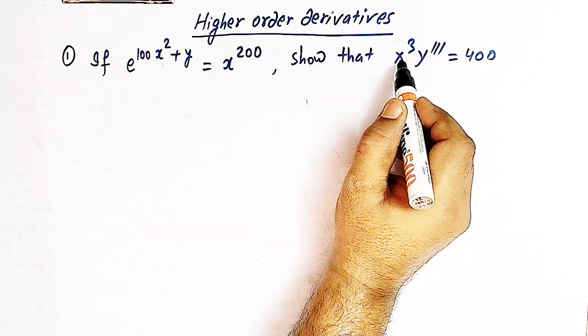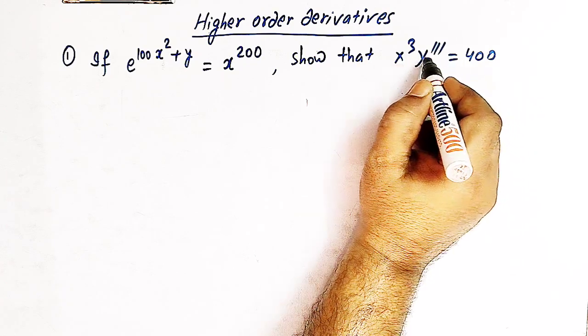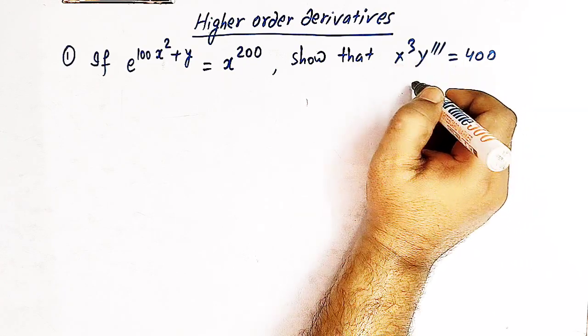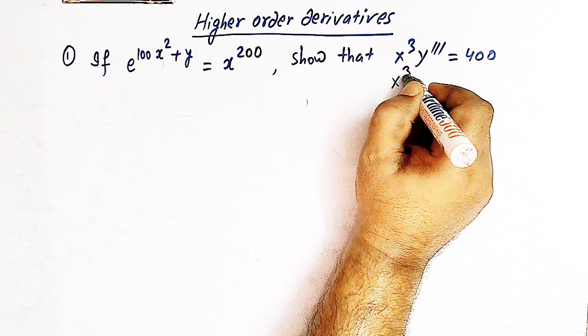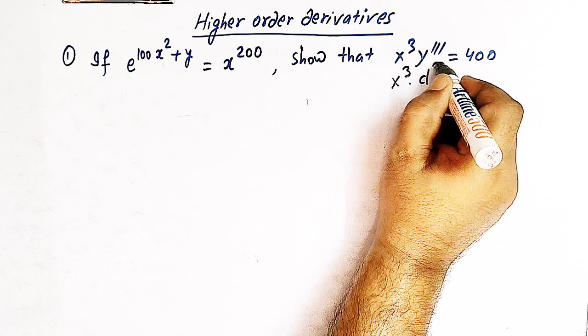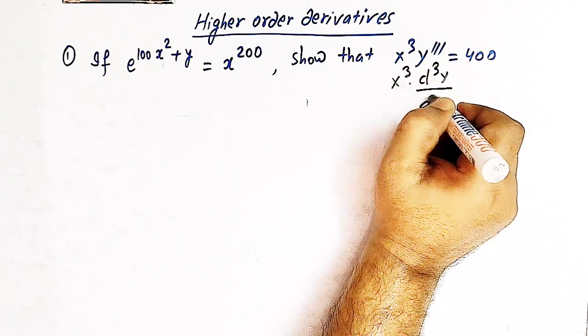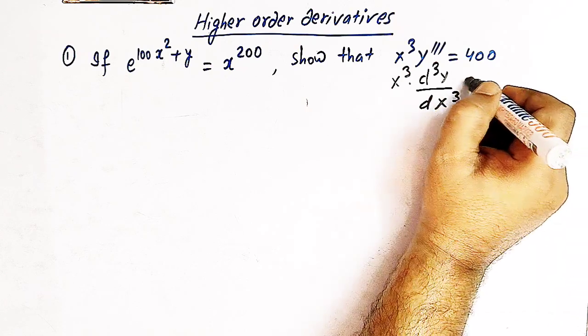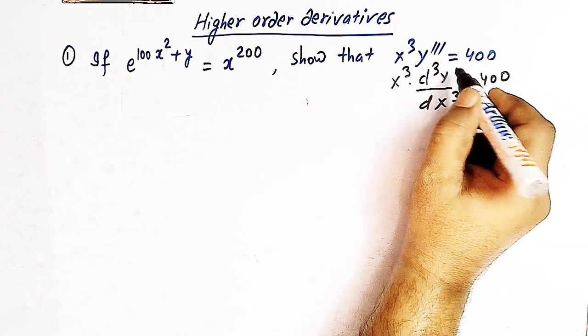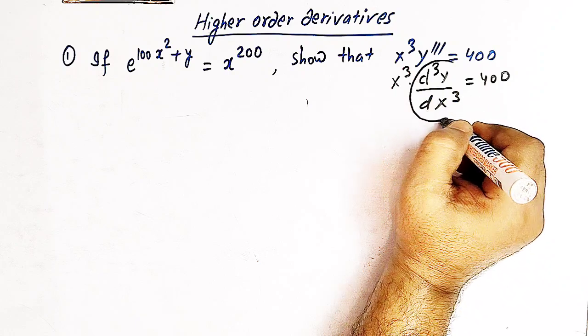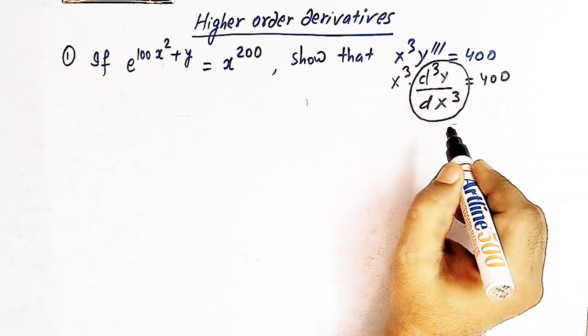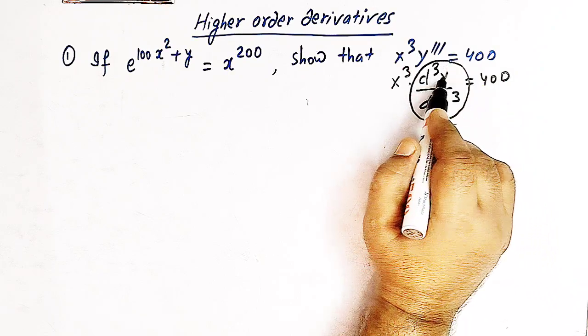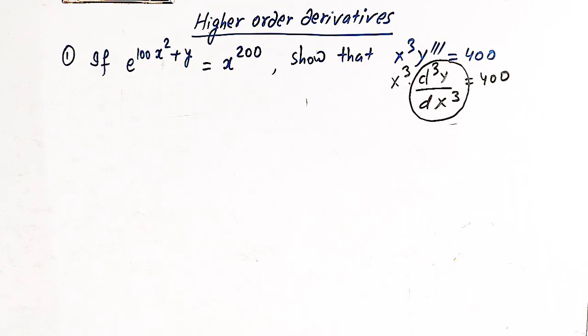We can also write x cube times d3y over dx3 is equal to 400. This derivative is known as the higher order derivative, and here the third order derivative is involved.